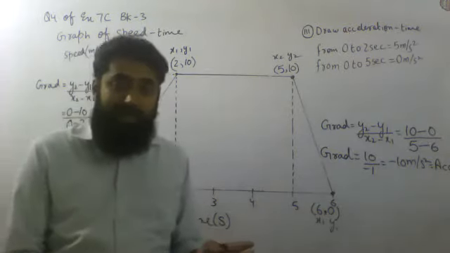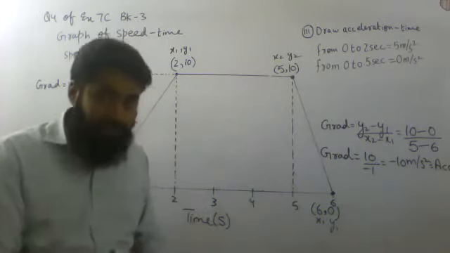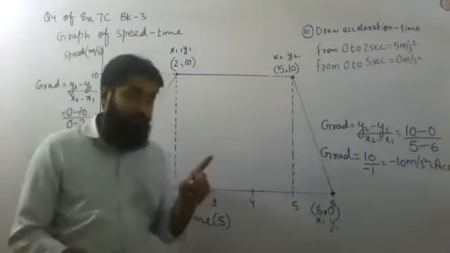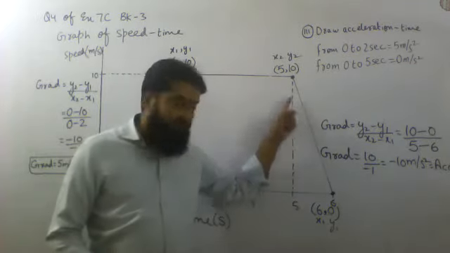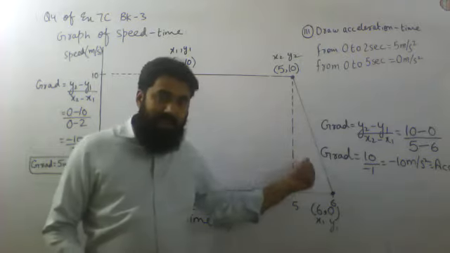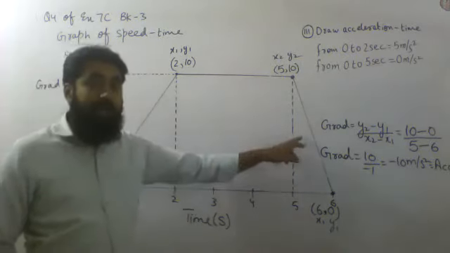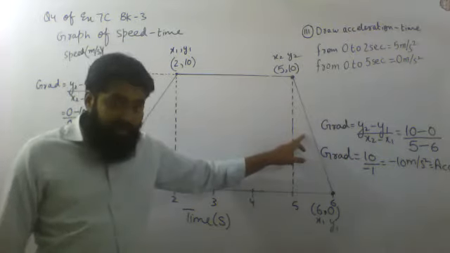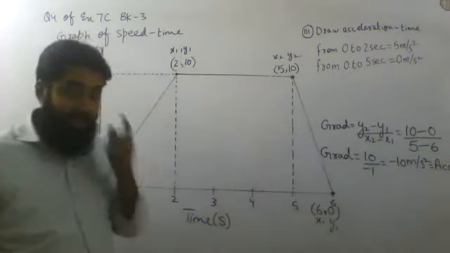And negative acceleration means that your speed is decreasing, and I have shown you in the explanation that if a line in this direction is made in speed time graph, it means it is showing decreasing speed, and this thing also shows decreasing speed.